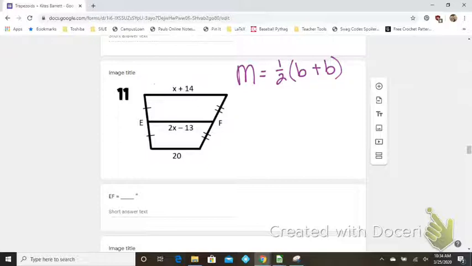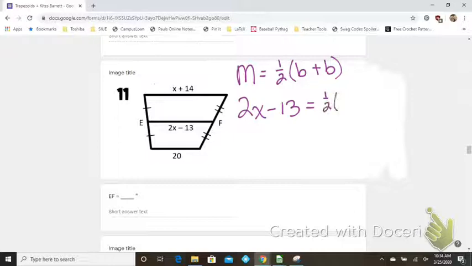The mid segment was EF, so 2x minus 13 is equal to 1/2 times one of my bases, x plus 14. The other base was 20.